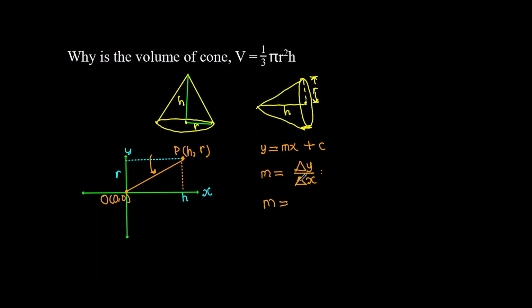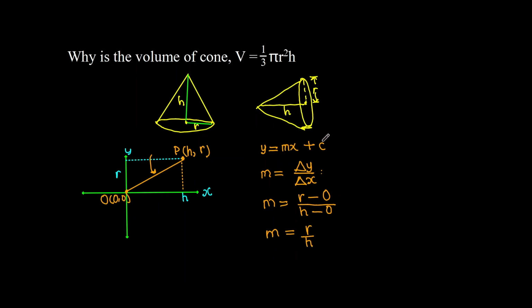So m is the change along the y coordinate over the change along the x coordinate. We can make a substitution. The y value is r minus 0 at this point, and we divide this by x, which is h minus 0. When you subtract 0 from something, you are left with that something. Therefore, our gradient is r over h.